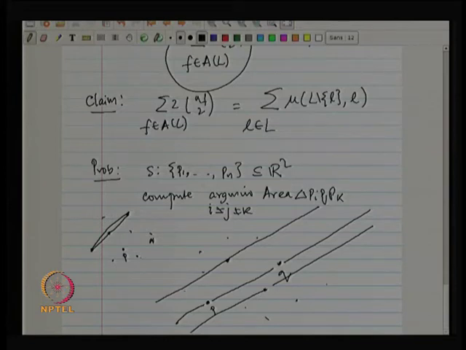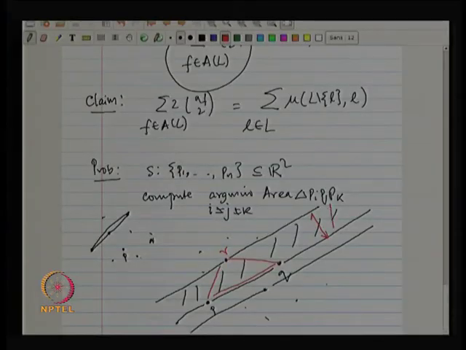If I am going to consider the triangle PQR, then since R is the closest one in perpendicular distance, the strip that I drew, with the line parallel to PQ passing through R, does not contain any point in it.